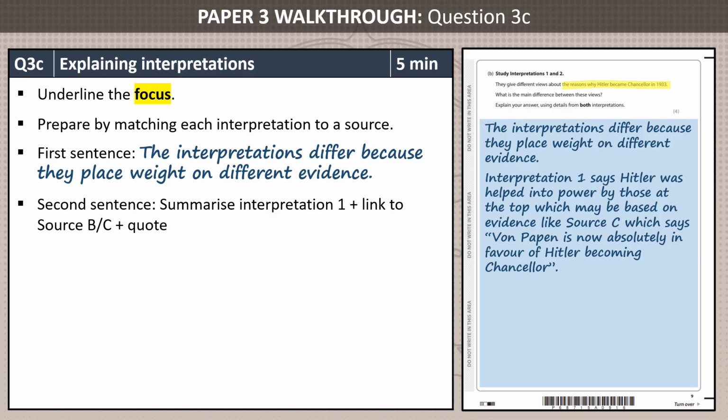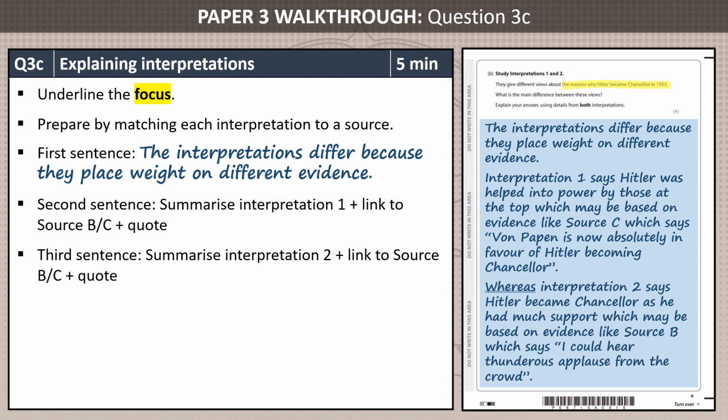We're then going to link that interpretation to one of the sources, and then we're going to give a quote from that source to support our link. And you can see that's what I've done here. And when we've done that, we're going to do exactly the same for the other interpretation.